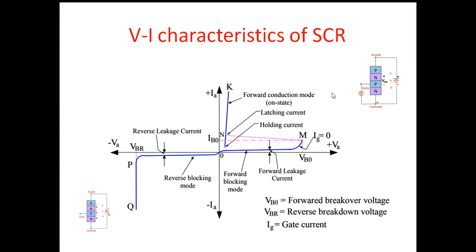Latching current is the current flowing through the anode to cathode terminal of the device, which has to be increased above this value for proper turning on of the SCR. So this latching current is associated with the turning on process of the SCR.